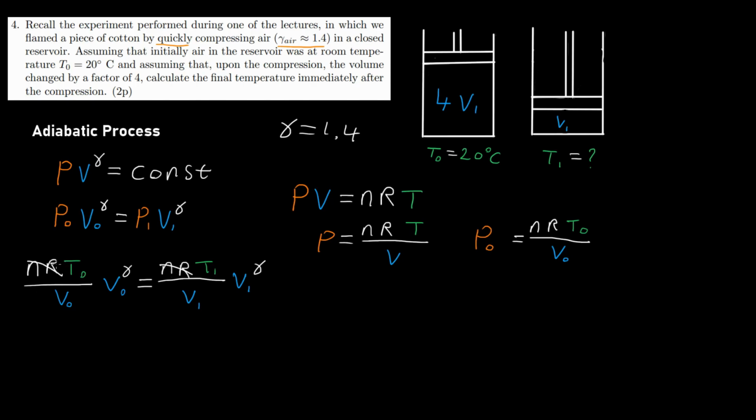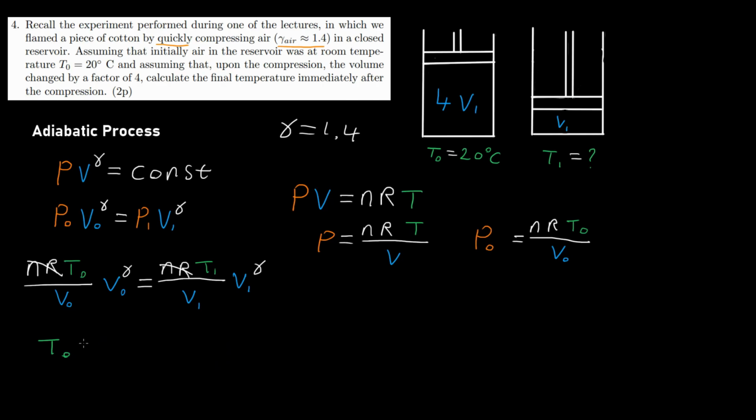And now let's rewrite this slightly. Let's say we have T naught, and then we'll have a V naught to the gamma over V naught, but instead of doing a fraction, let's write this V naught down here as a V naught to the minus 1 instead.